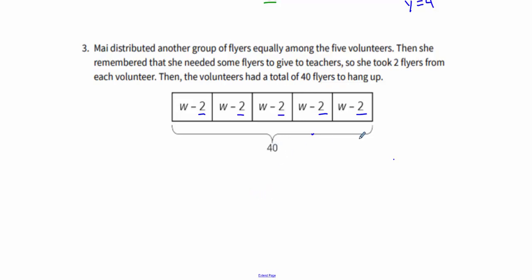So if she took away 10 flyers and now has 40, if we take 40 plus 10, that must mean she had originally, we have 5 volunteers, and the total before she took them away was 50, so that means each person must have had 10.